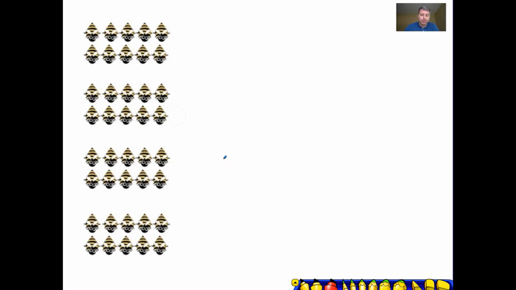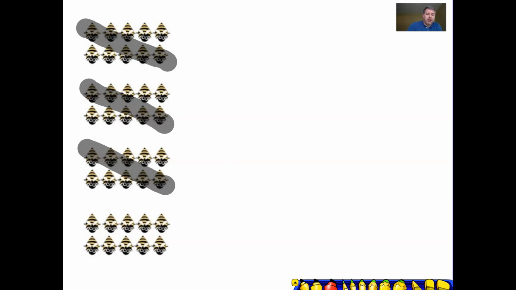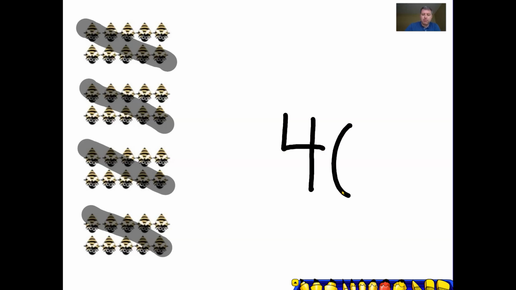Here we go. 10, 20, 30, 40. There are 4 tens, friends, and I counted by tens up to 40 and stopped at 40. So there must be 40 bees. That is the number of bees that are on my screen. 10, 20, 30, 40. Okay?